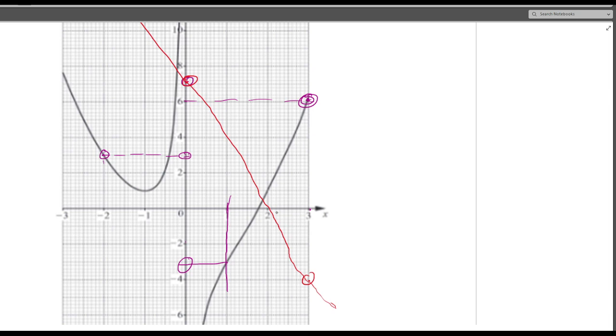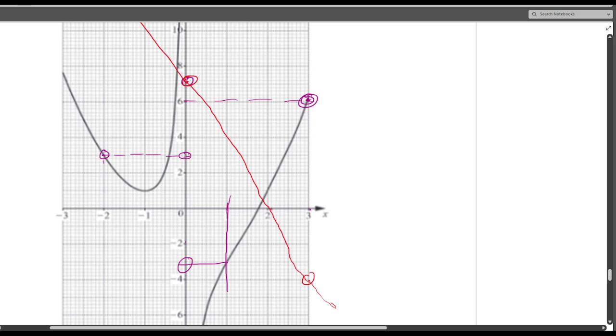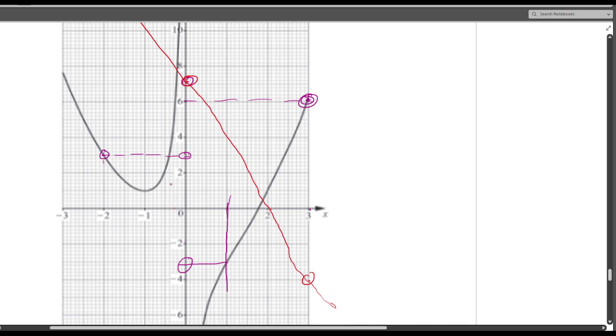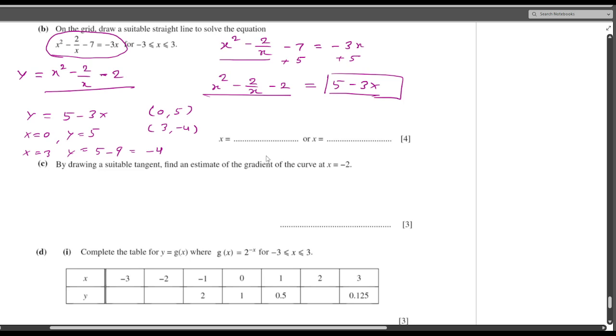It is cutting the x-axis at one point which is somewhere less than 2, 1.9 I will say, and the other point is minus 0.1. So minus 0.1 and 1.9, something like this.